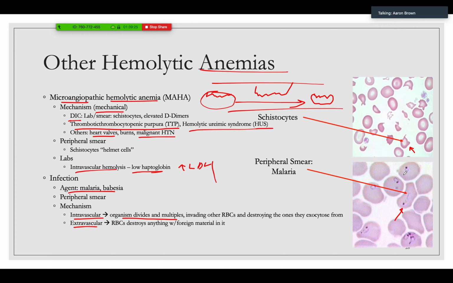If this red blood cell goes to the spleen, it's going to say, whoa, whoa, whoa, what is that weird looking thing on your face? No, I'm destroying you. Okay, so for infections, we have intra and extravascular. For our MAHAs, our microangiopathic hemolytic anemias, these are all going to be intravascular. So expect to see low haptoglobin and increased LDH.